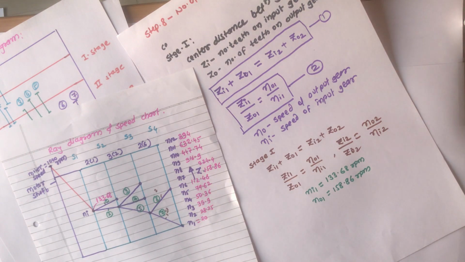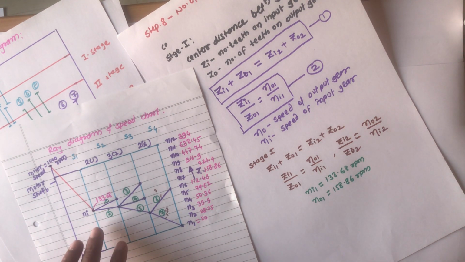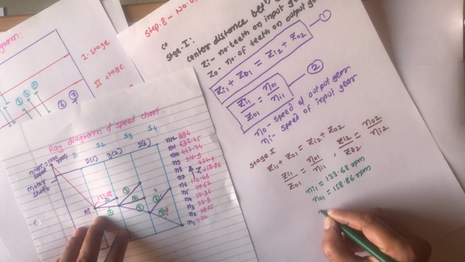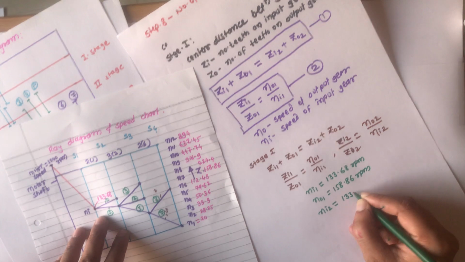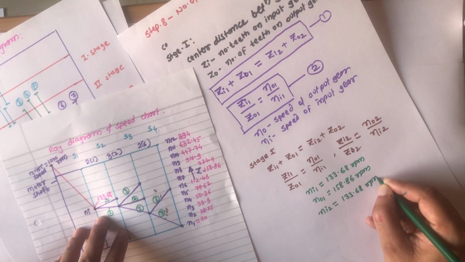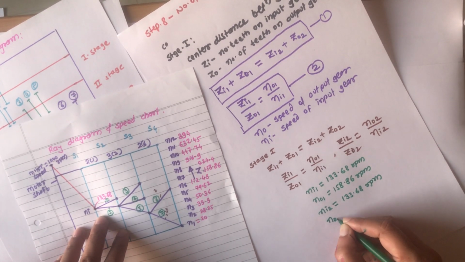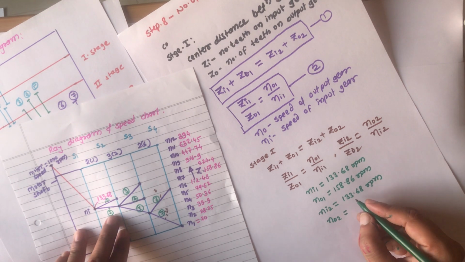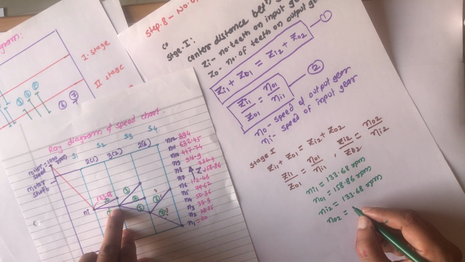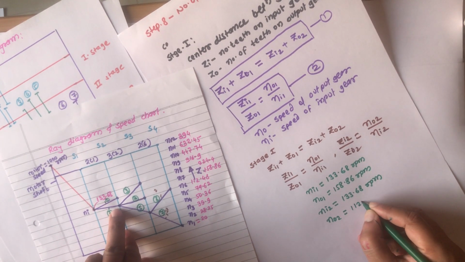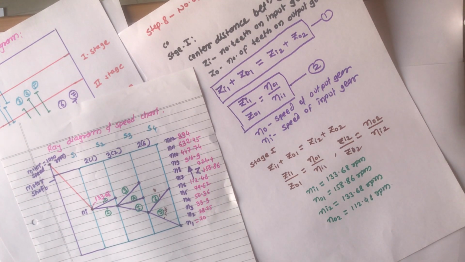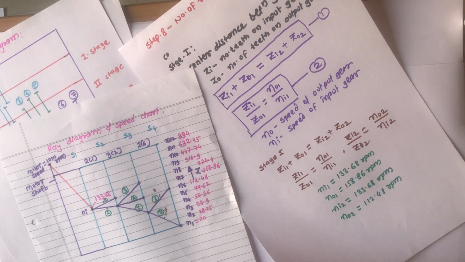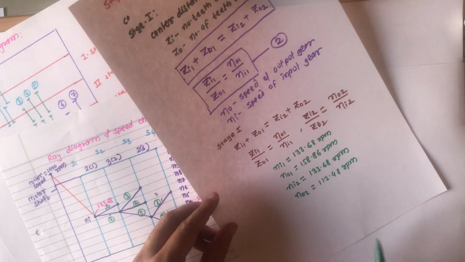So these are the input speed and output speed. Similarly for gear 2, NI2 is the same, 133.68 rpm, and NO2 will be 112.48 rpm.